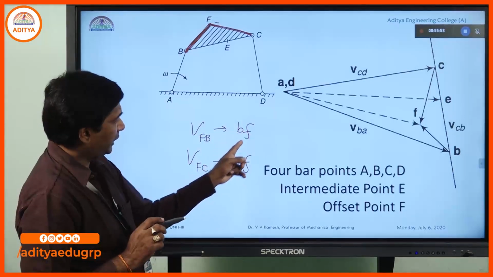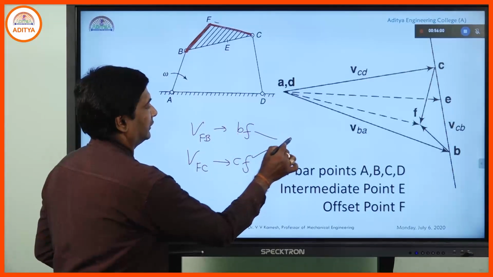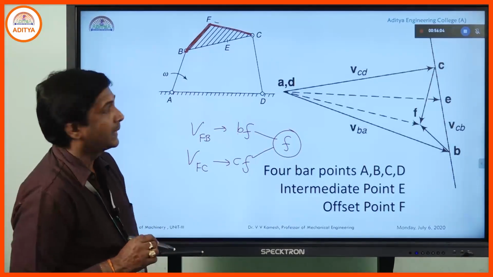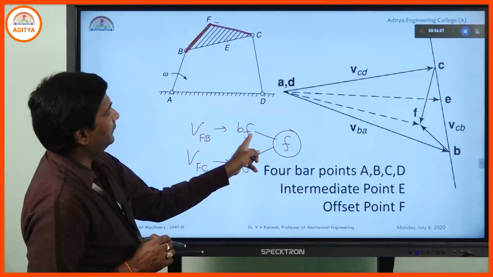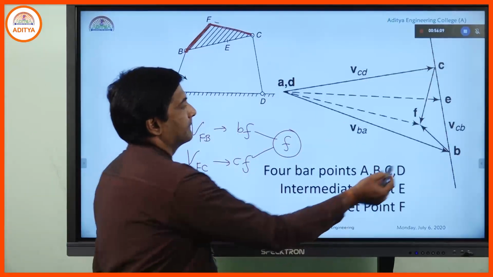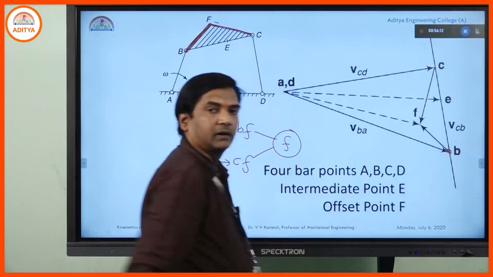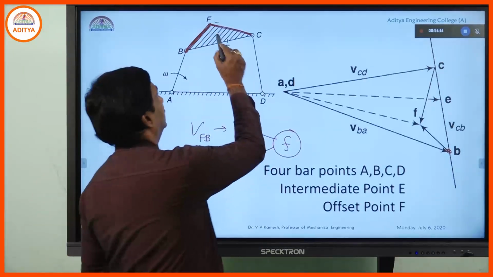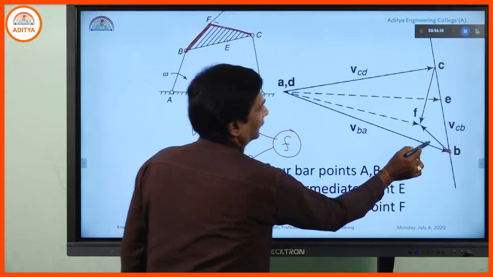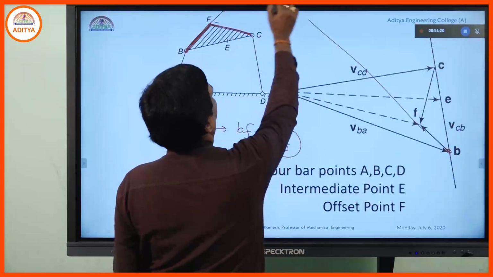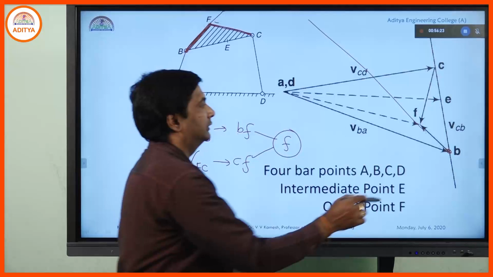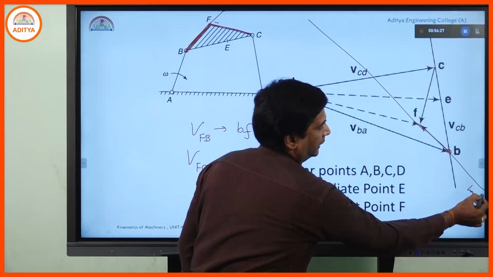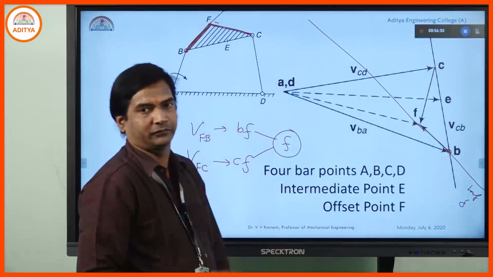So, BF line and CF line will supply the point F on the velocity diagram. So, the line BF, where it will come? From B. How it will come? Perpendicular to the link BF. So, this line and this, they will be perpendicular. So, this is BF line.